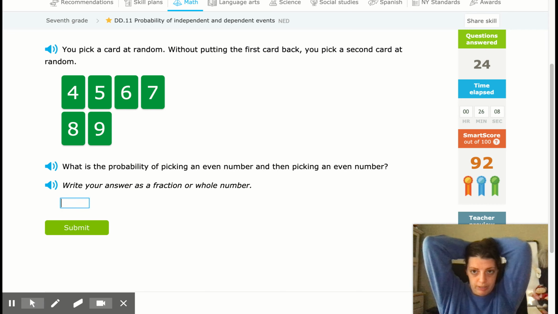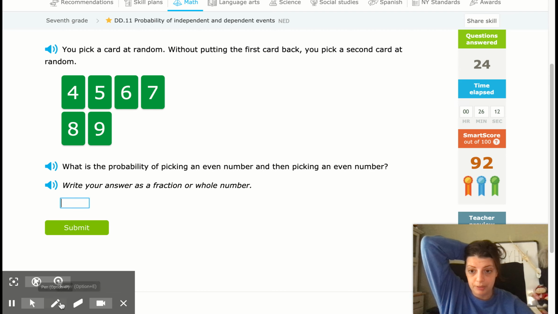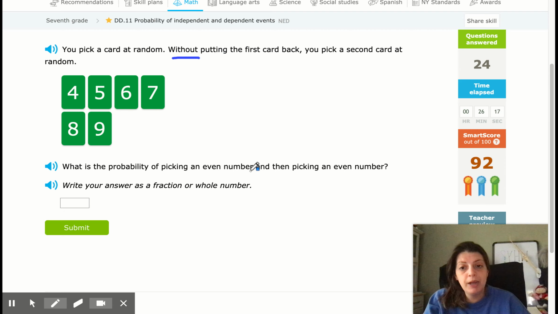You pick a card at random. I'm not going to put it back. Do not forget to read up here because that makes the biggest difference in the problem. If I don't put it back, I have 1 less number. So I want to pick an even number. There are 1, 2, 3 evens out of 1, 2, 3, 4, 5, 6. So 3 out of 6. But I'm not putting the first card back.